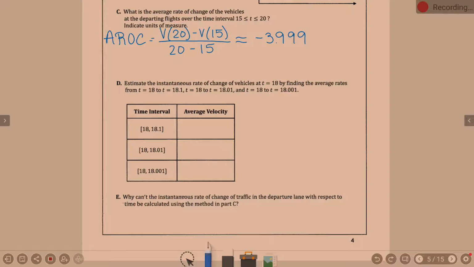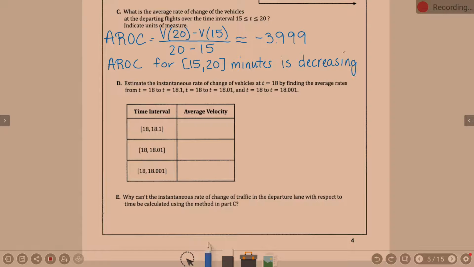Okay, so I'm going to put a few words here. Average rate of change for 15 to 20 minutes, I'm using interval notation there, is decreasing. So somehow put into words, what does that negative indicate?